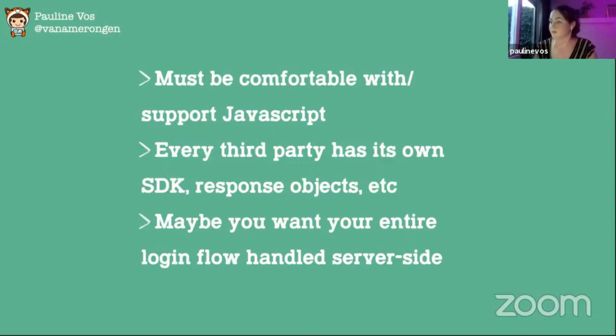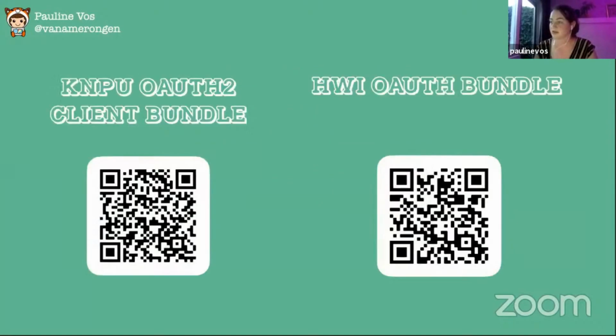So of course there's bundles for this. There's two that I've found that are pretty well maintained and actively used. So there's the KnpU OAuth 2 client bundle and the HWI OAuth bundle.